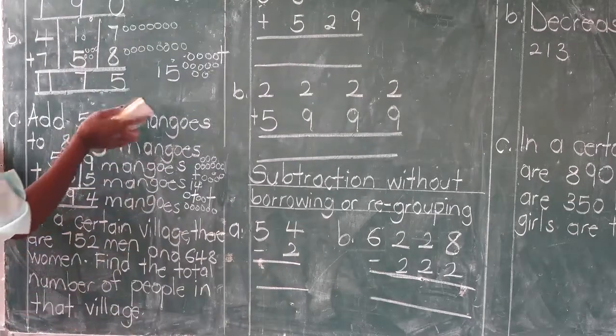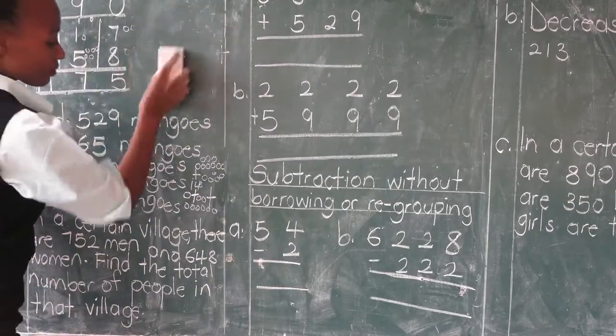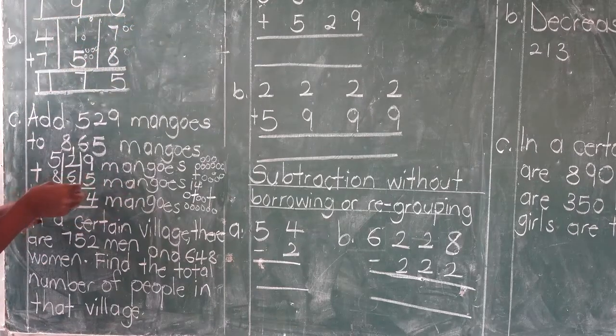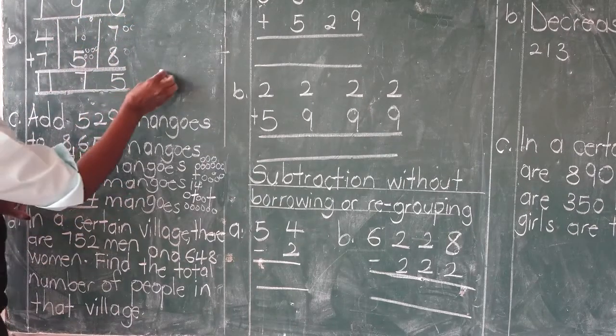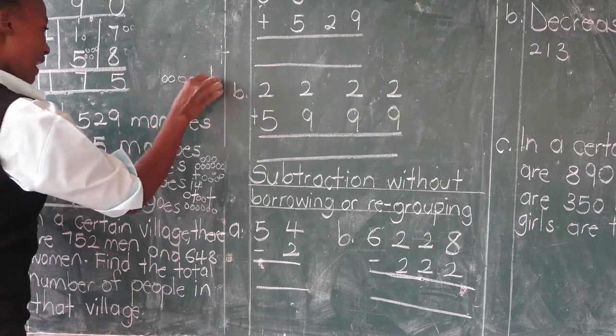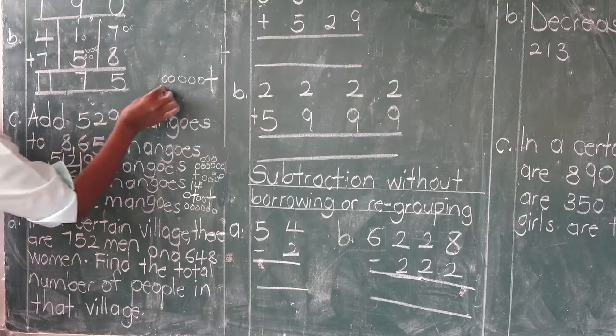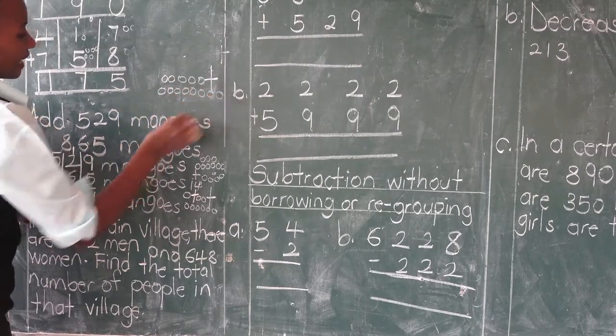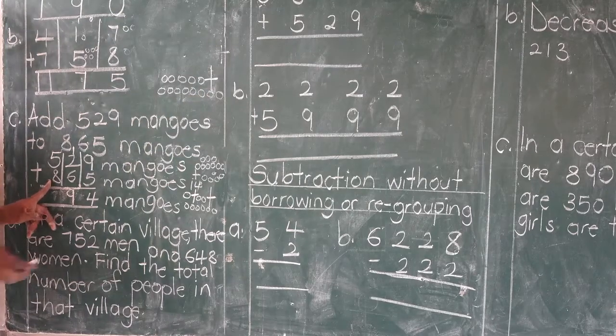Then here we have, let's add it from here, since there is not enough space here. Now there is 5 plus 8. Now let's put them together.